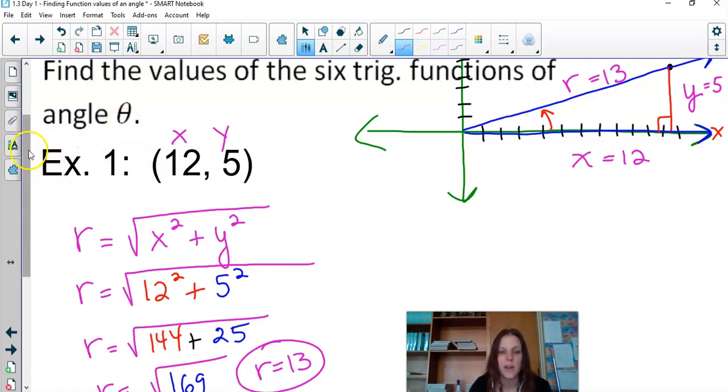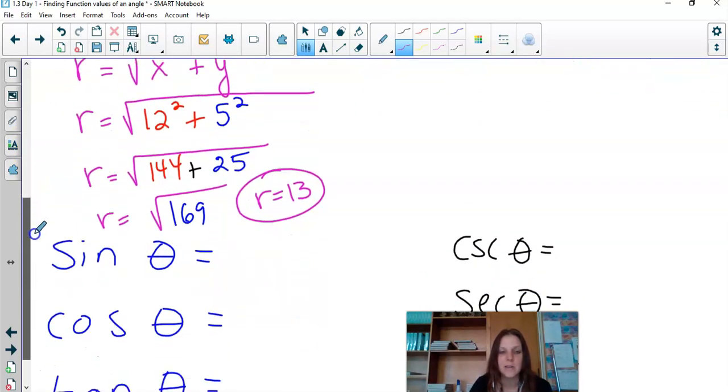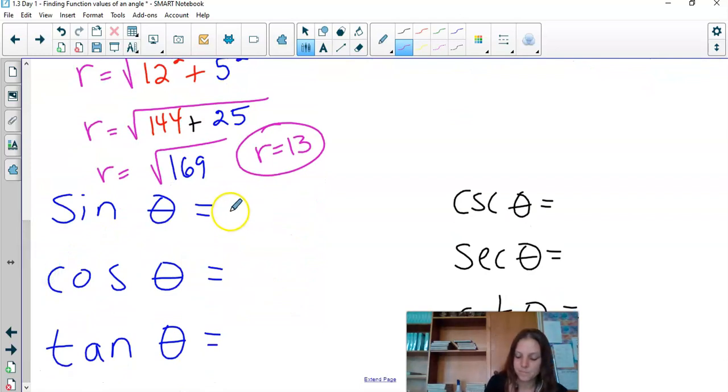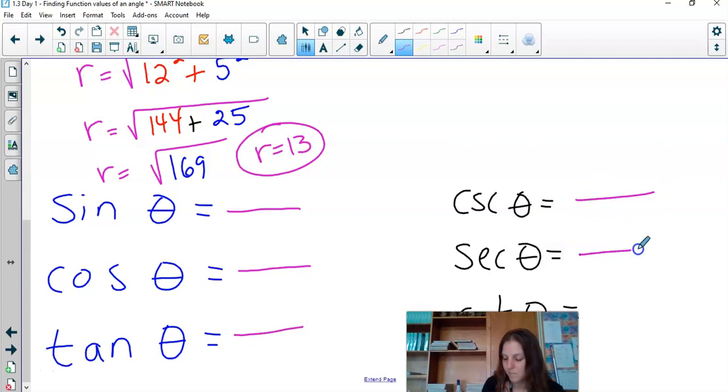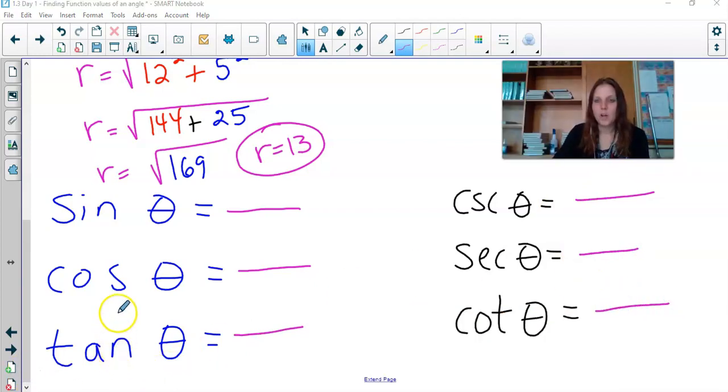So I've got that listed out here below. Go ahead and pause the video and fill in these 6 trig functions: sine, cosine, tangent. I call these the big 3. These are your main ones, and then the other 3 are just going to be reciprocals of the others. So again, if you need to pause, go ahead and pause now.